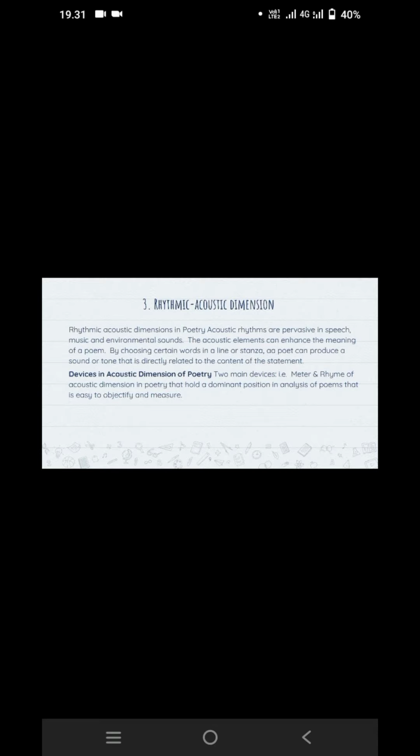A poet can produce a sound or tone that is directly related to the content of the statement. Devices in the acoustic dimension of poetry are two main devices, meter and rhyme, which hold a dominant position in the analysis of poems that is easy to objectify and measure.